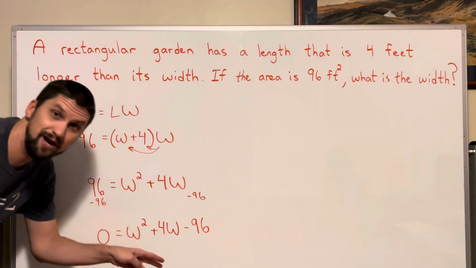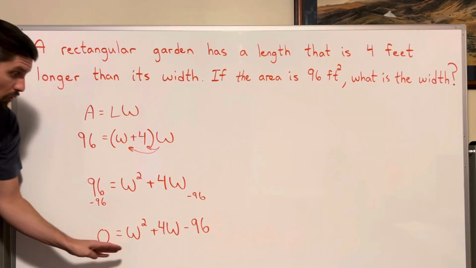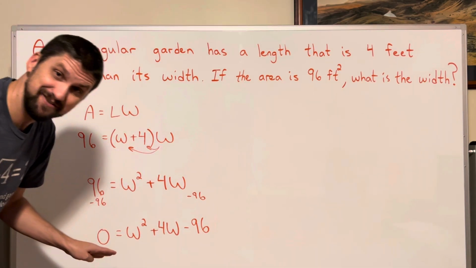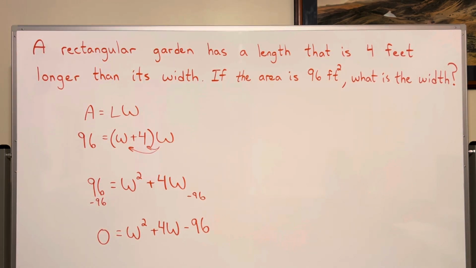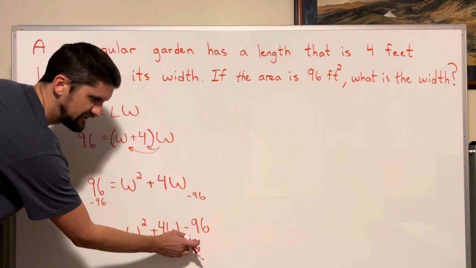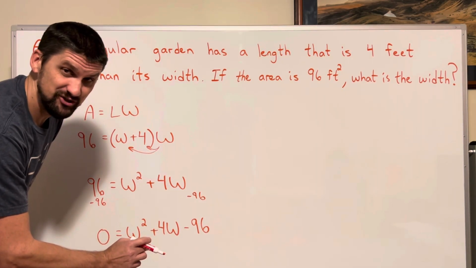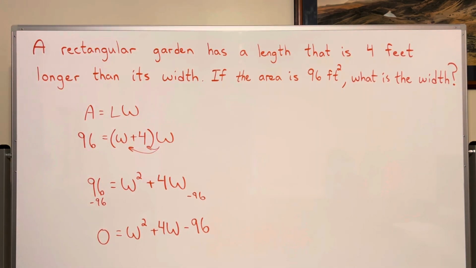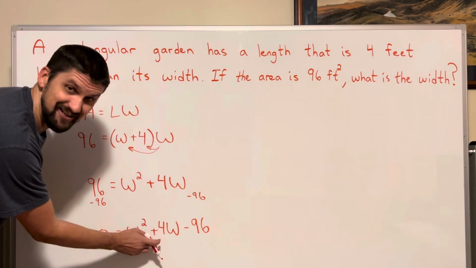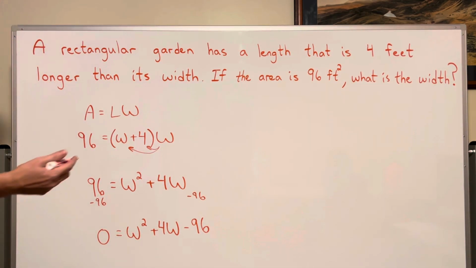You can use the quadratic formula, or you can check and see if it's factorable. We would need two numbers that multiply to negative 96, but add to 4.